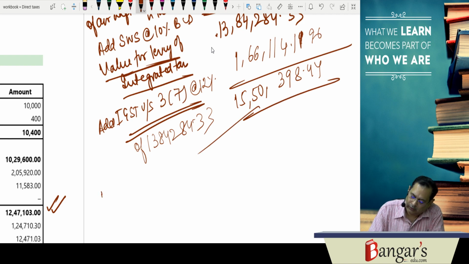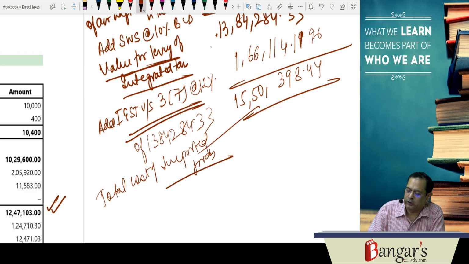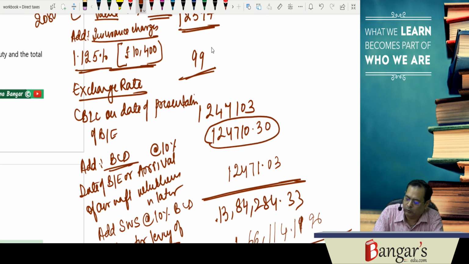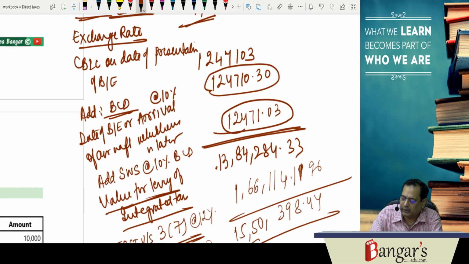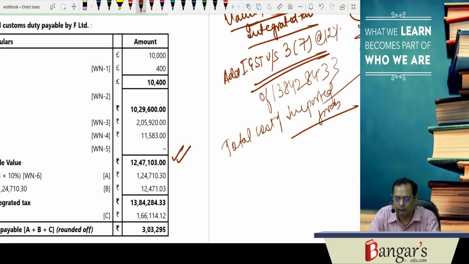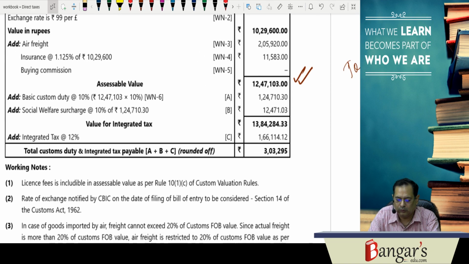This is the total cost of imported goods, and the total duty and integrated tax payable will be as worked out. Okay, this is the way you have to work it out.